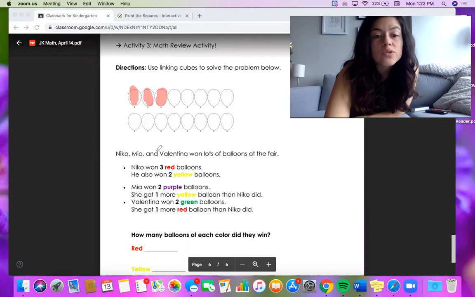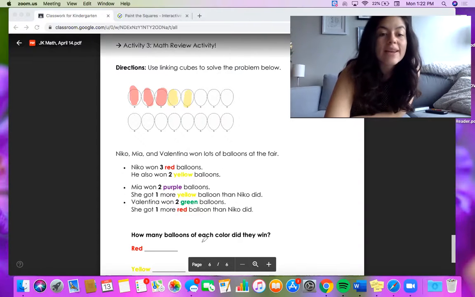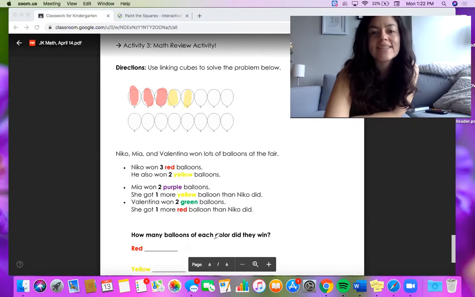And it says he also won 2 yellow balloons. So I'd color in 2 yellow. Okay? And you would continue reading the instructions until you've colored in all the balloons, and at the end, you can figure out how many of each color these three friends won at the fair.